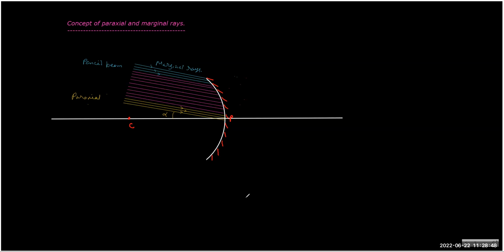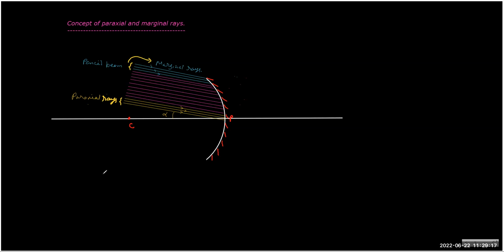And if you go towards the edge of the mirror, then you can club those beams as marginal rays. So these are paraxial rays and this is marginal rays.